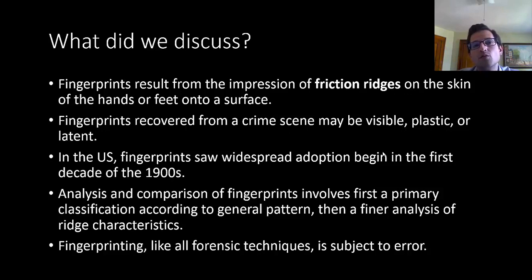We saw that fingerprints recovered from a crime scene may be visible, plastic, or latent. We saw that in the US, fingerprints saw widespread adoption begin in the first decade of the 1900s. We saw that analysis and comparison of fingerprints involves first a primary classification, according to general pattern, then a finer analysis of ridge characteristics, and we saw, finally, that fingerprinting, like all forensic techniques, is subject to error.